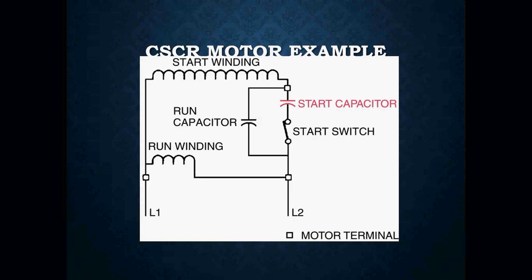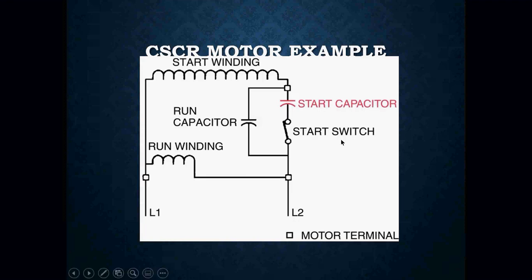Here's a diagram of a capacitor start, capacitor run motor. You'll notice that you have a start switch here, which could be a centrifugal switch. Right when this motor initially starts, everything is energized: your start capacitor, run capacitor, and start winding are all energized at the exact same time.